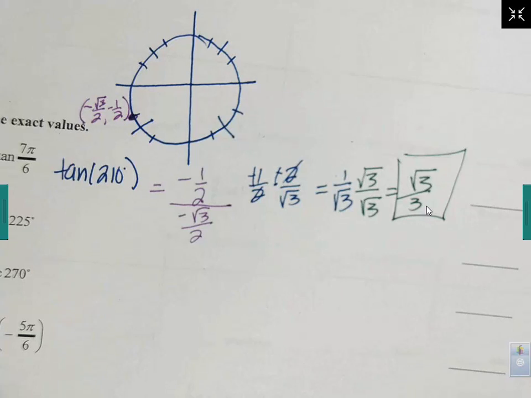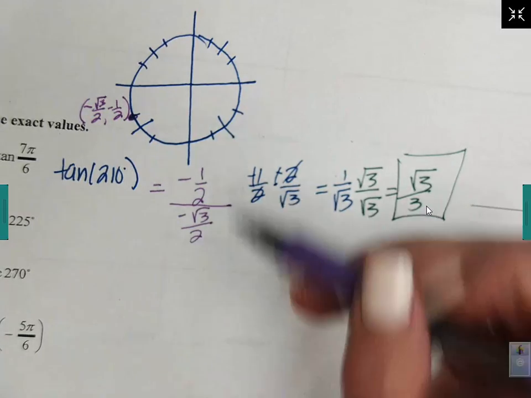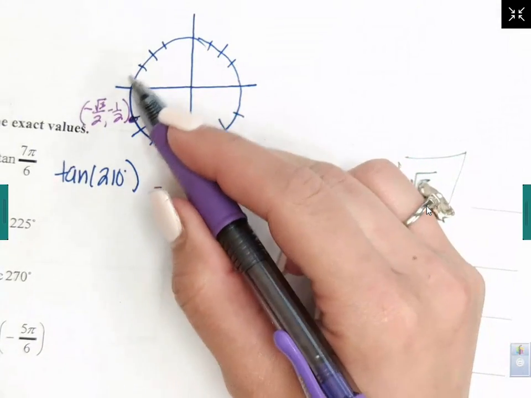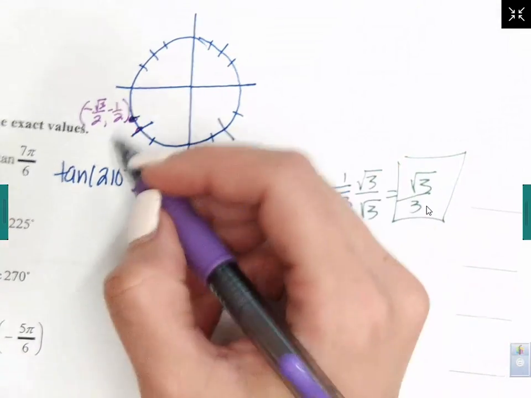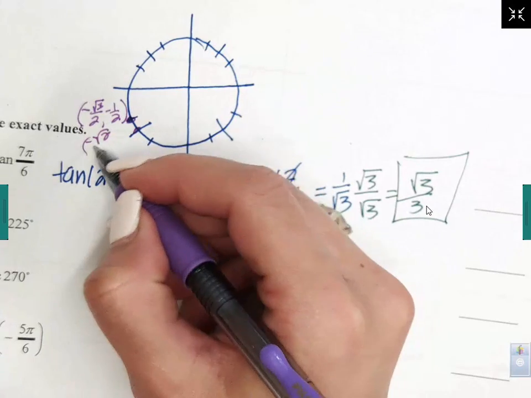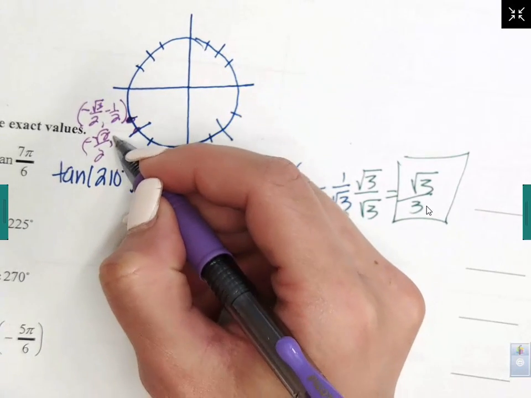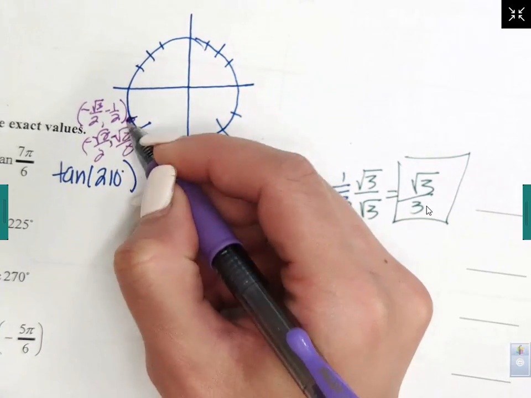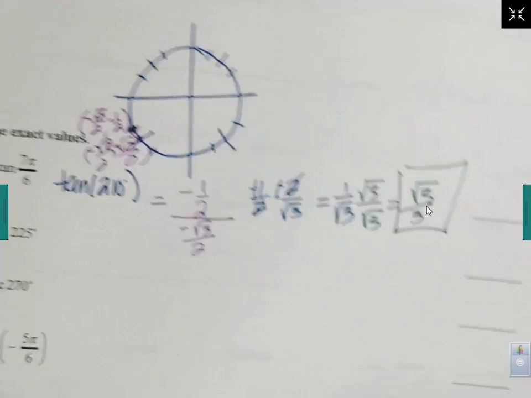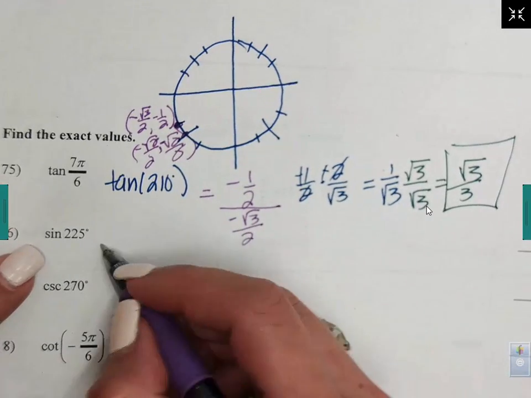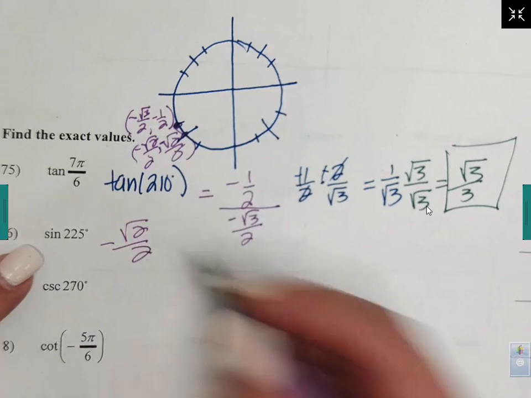Okay, sine of 225. Where's 225? 90, 180, 225. And do y'all remember the coordinates? Negative square root of 2 over 2 and negative square root of 2 over 2. Very good. So here at 225 degrees, the sine is negative square root of 2 over 2.